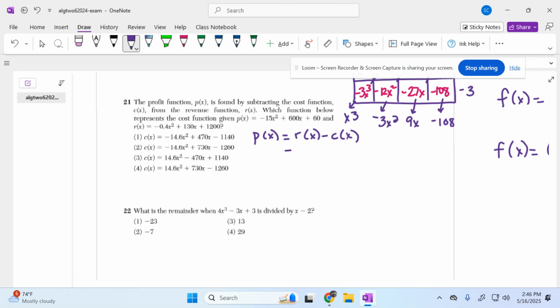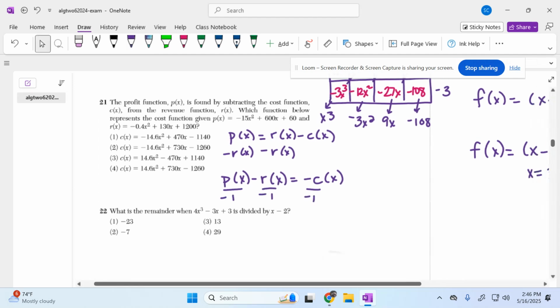So I'm going to subtract r of x to the other side. So I have P of x minus r of x equals negative C of x. I don't want negative C of x, I want positive C of x, so I'll divide everything by negative 1. I am just doing algebra with functions here now.